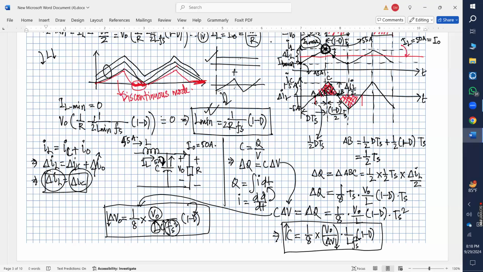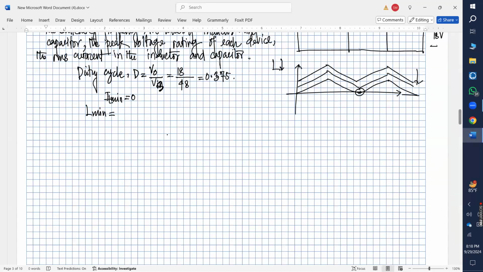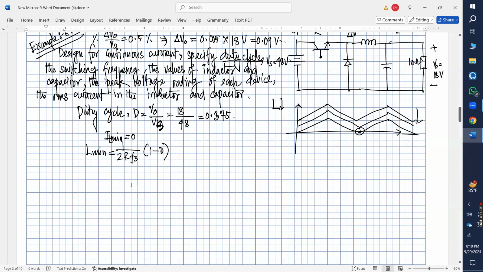Yes, sir. So L min is nothing but 1 over twice R Fs multiplied by 1 minus D. So now we know the D value, we know the R value, but we don't know the switching frequency, right?